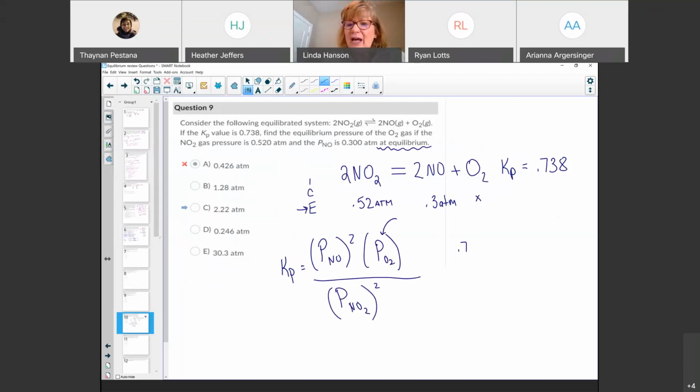So just simple algebra will help us find 0.3 squared.